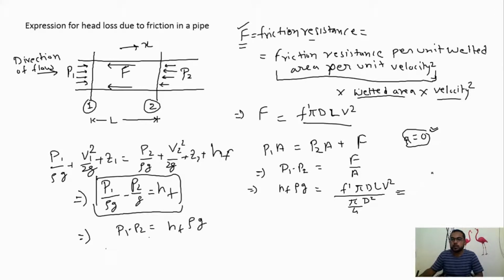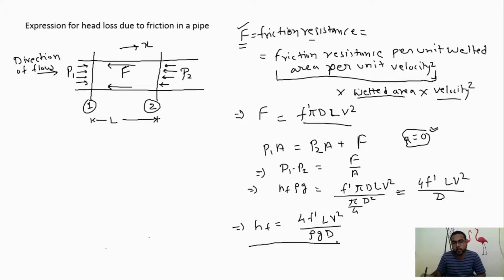It will come out to be F dash L V square into 4 upon rho g d. So HF would be 4 F dash L V square upon rho G D. Now that F dash divided by rho is FC divided by 2.